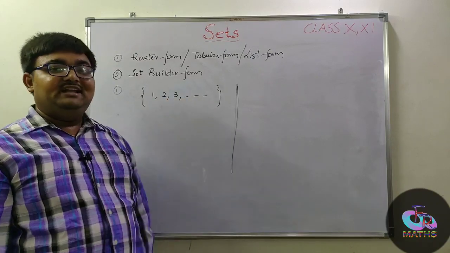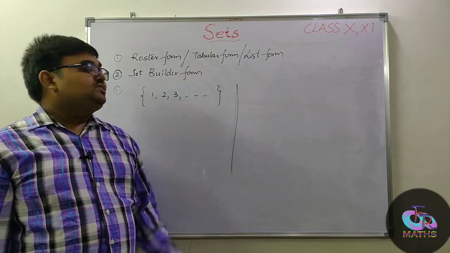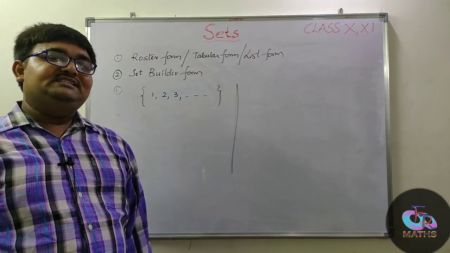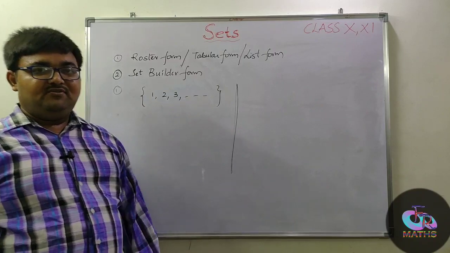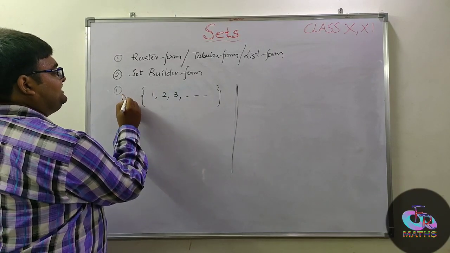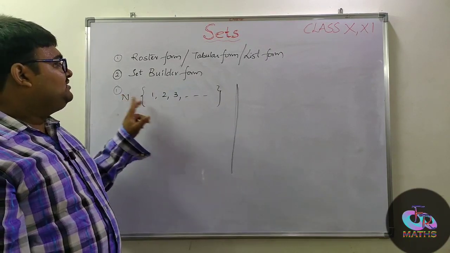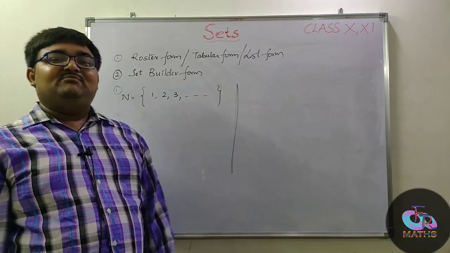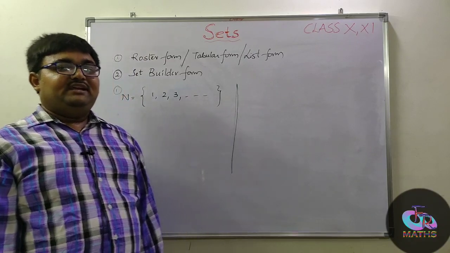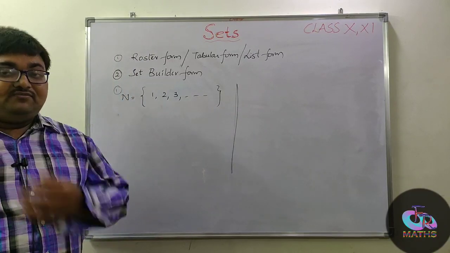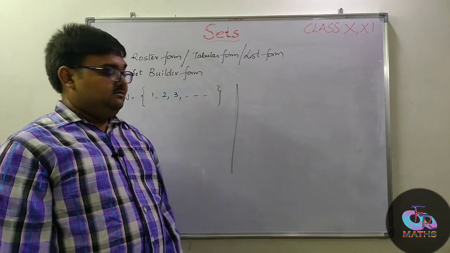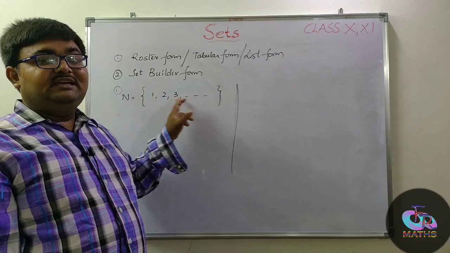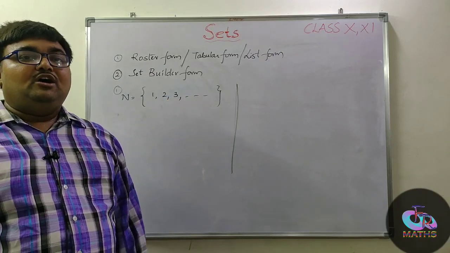If you have a small number of elements, then you can simply represent the set in this form. For suppose this set is considered as N, then N is equal to the set of 1, 2, 3 and so on. If you have fewer elements, we can directly represent them in roster form or list form.